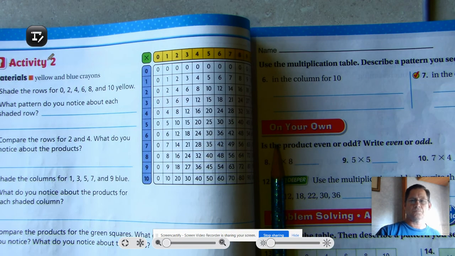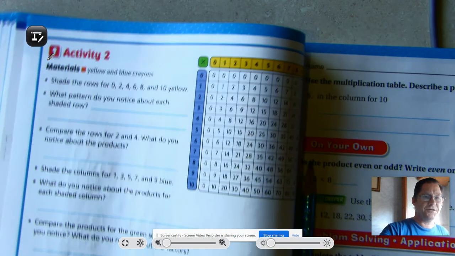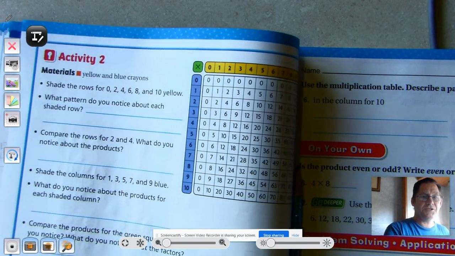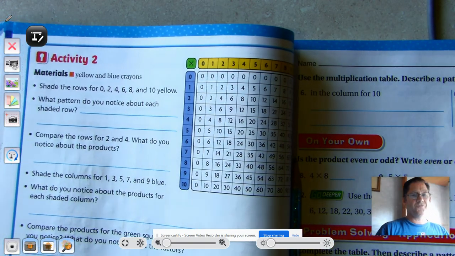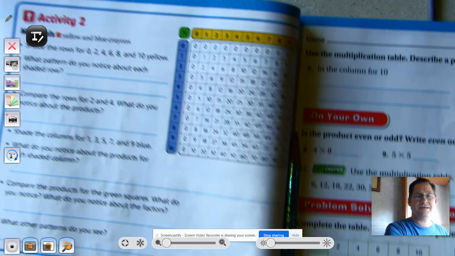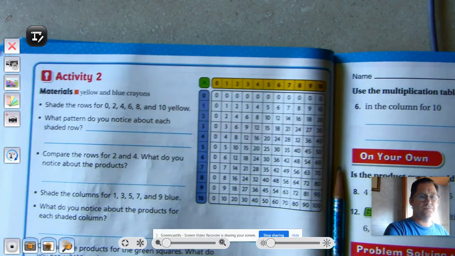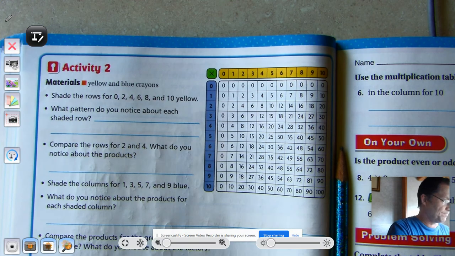All right, so let's continue. And it says shade the rows for 0, 2, 4, 6, 8, and 10 yellow.